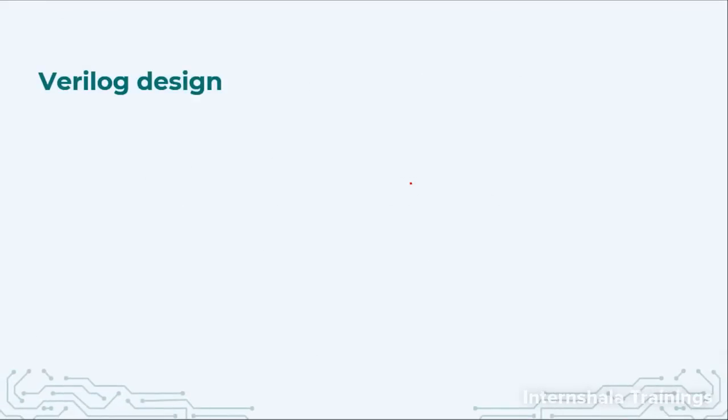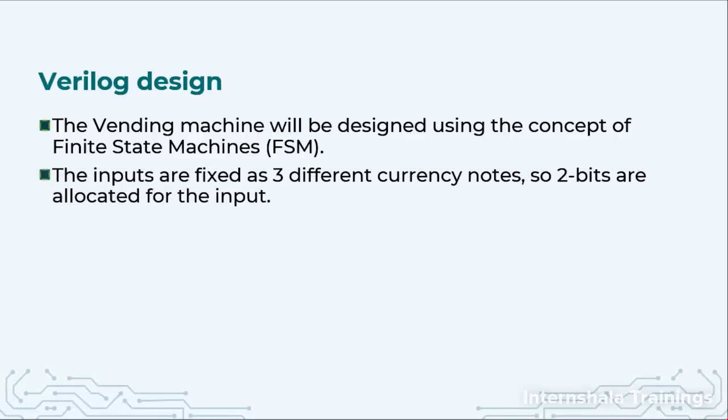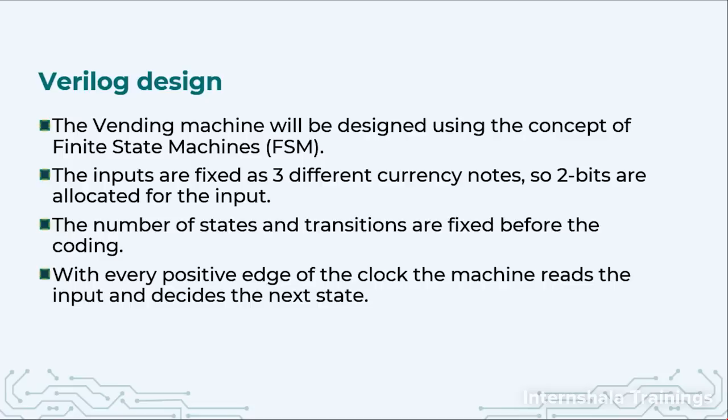So here, let us talk about the aspects of the Verilog design. The vending machine will be designed using the concept of a finite state machine. That is clear because we have already designed the state diagram. The inputs will be fixed. We are having 3 currency notes, so a 2-bit input should be enough. The number of states will also be fixed. We can count how many states we are having, and from every state a fixed number of transitions will be there.